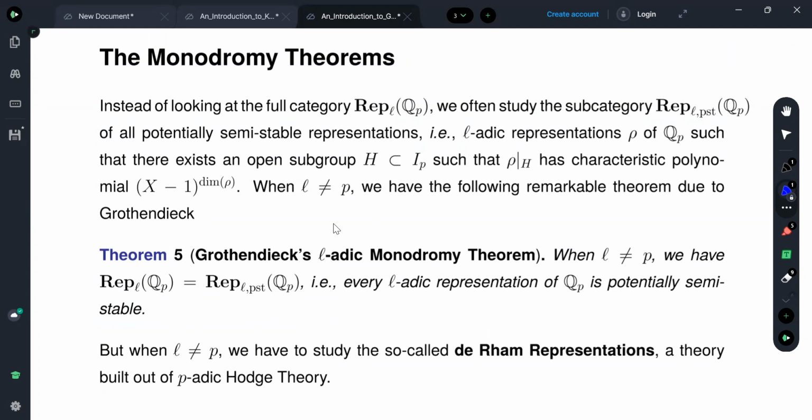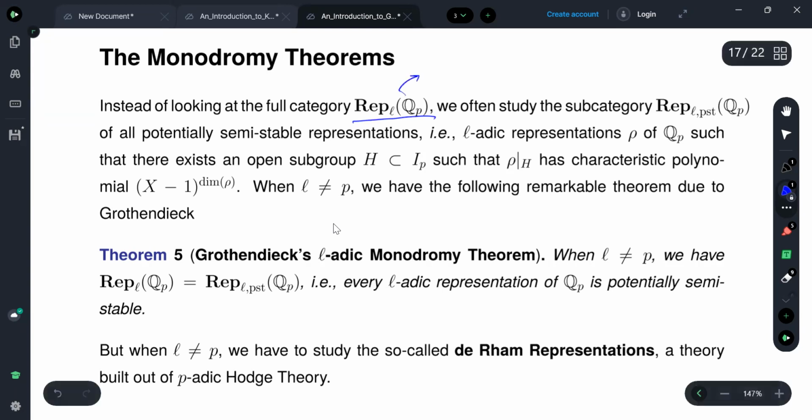So instead of looking at the whole category of all l-adic representations of G_{Q_p}, this is the category of all continuous l-adic representations of the absolute Galois group of Q_p.